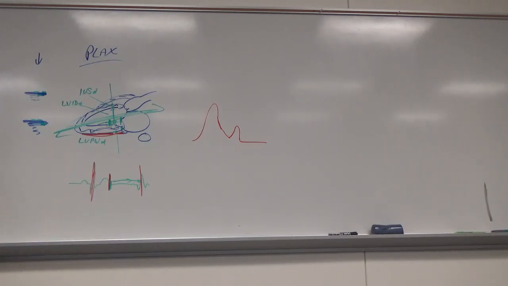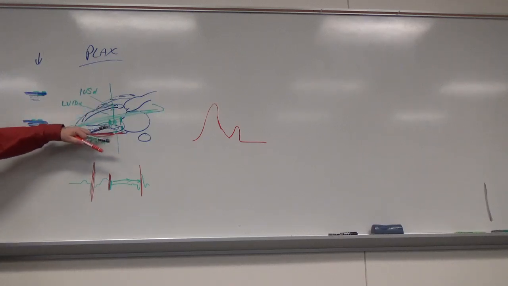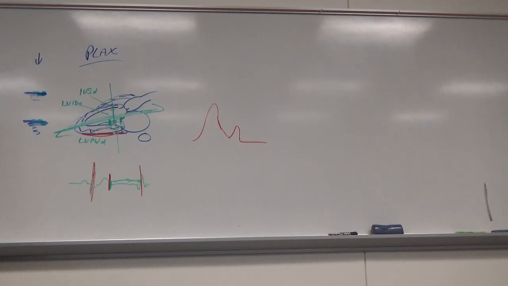But we're looking for this measurement, these two walls. They should be relatively the same, within about 1 millimeter of each other usually, but they need to be less than 10 millimeters in thickness. If they're more than that, you have a pathology. If they're less than 6 millimeters, you have a pathology.